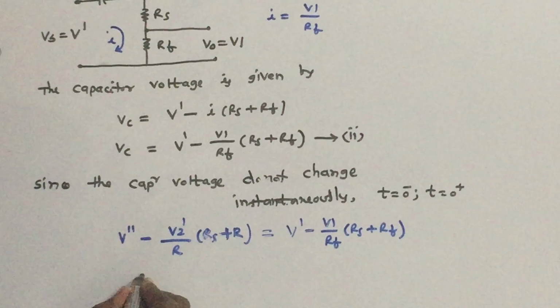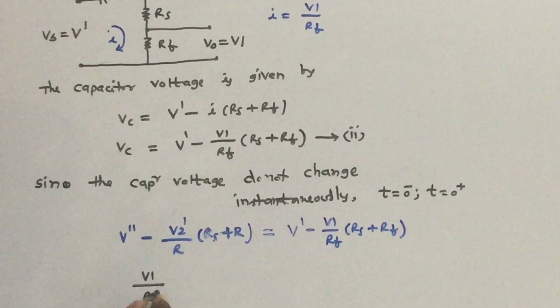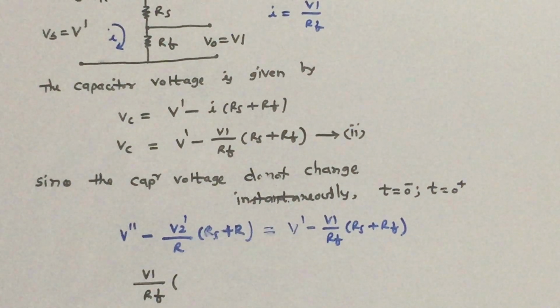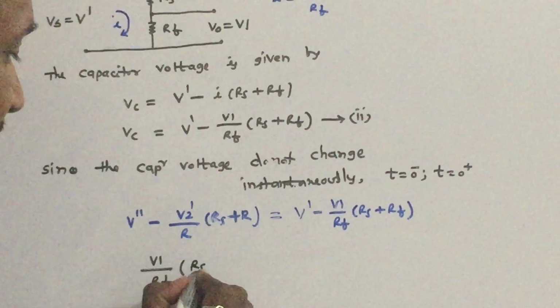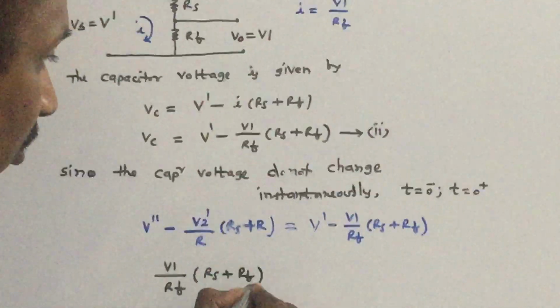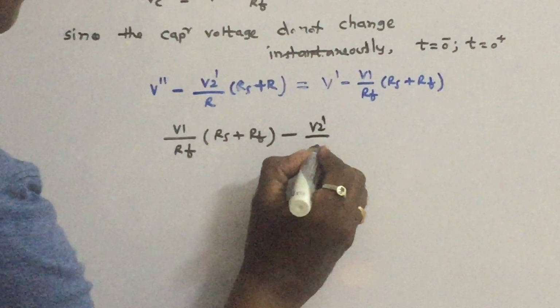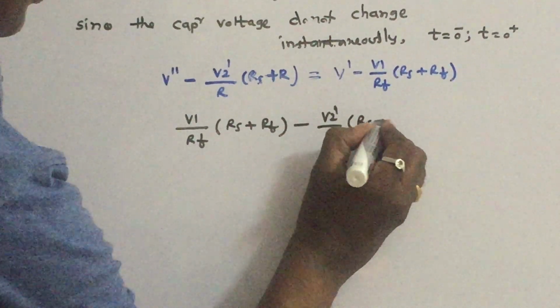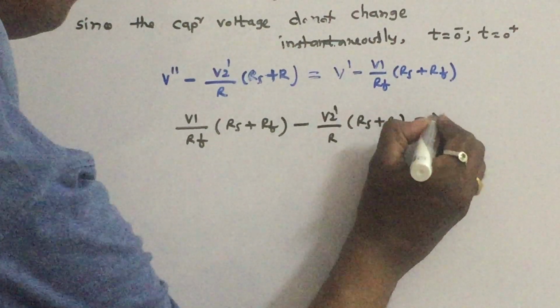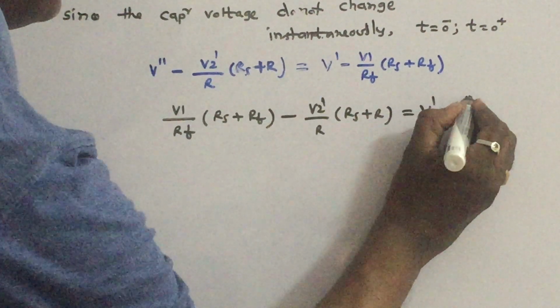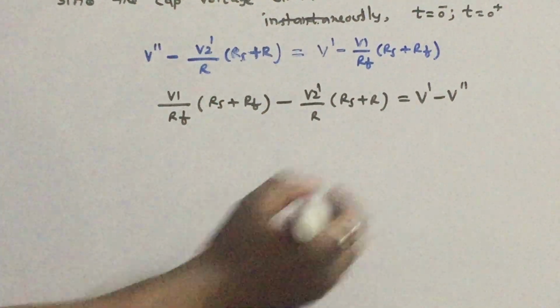So it will become V1 by Rf into Rs plus Rf minus V2 dash by R into Rs plus R is equal to V dash minus V double dash. What is that from the input?